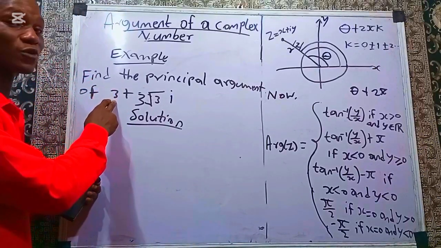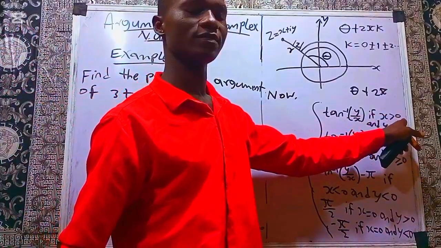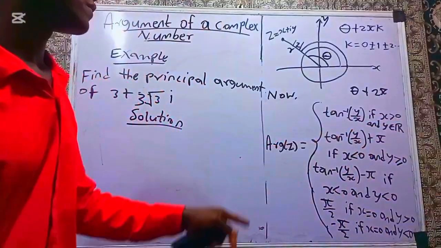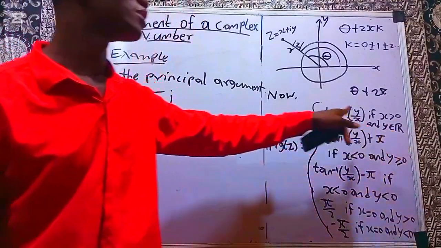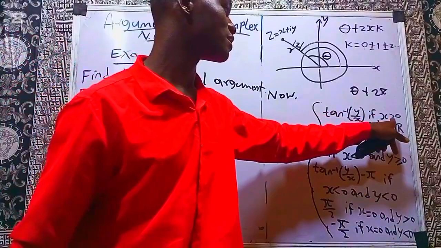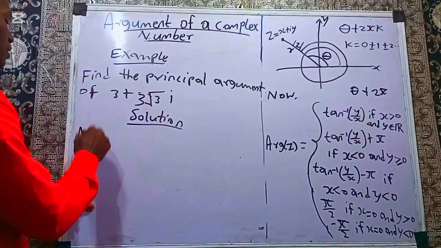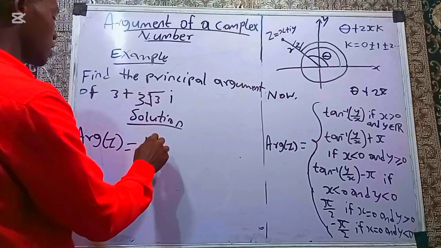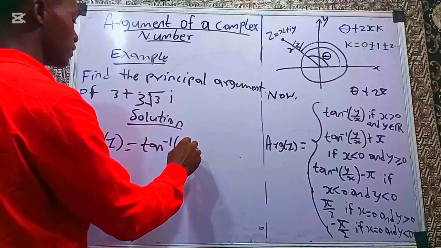The major thing to note here is that the real part is positive. From this formula, if x is positive, use tan inverse of y over x. The imaginary part can be any real number, but if the real part is positive, then your principal argument, arg of z, will be equal to tan inverse of y over x.